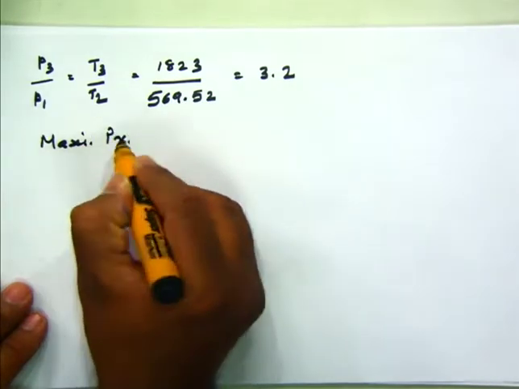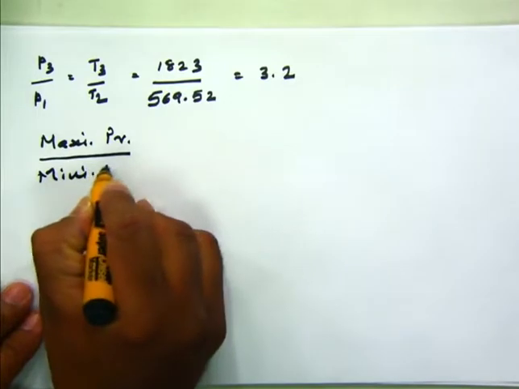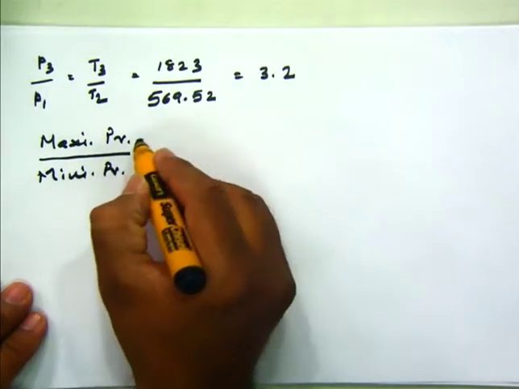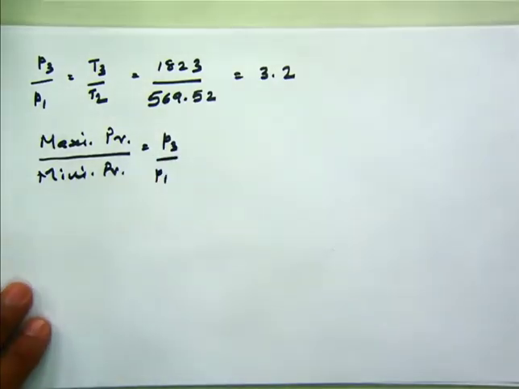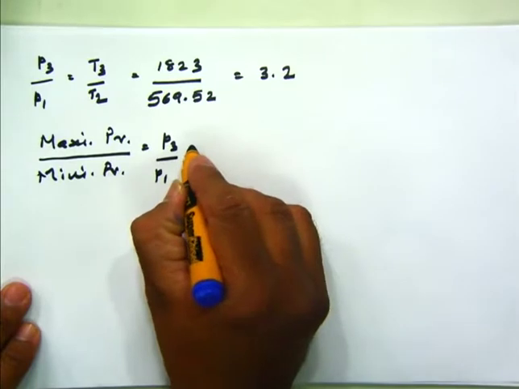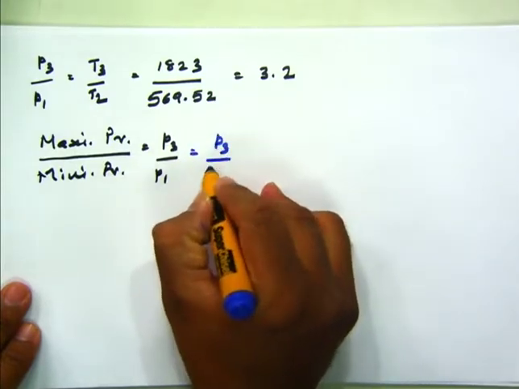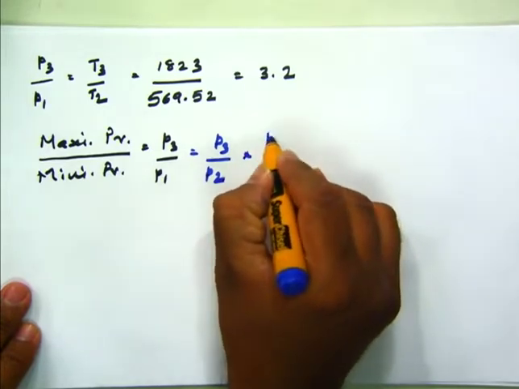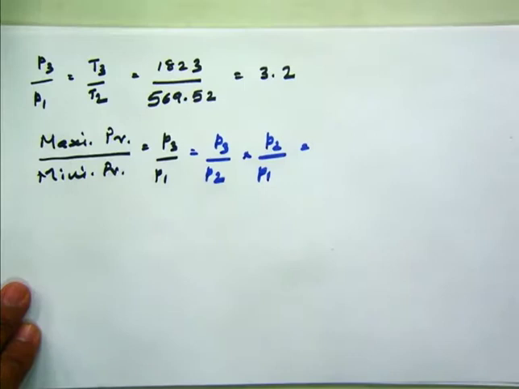So maximum pressure upon minimum pressure is equal to P3 upon P1, which is equal to P3 upon P2 into P2 upon P1.